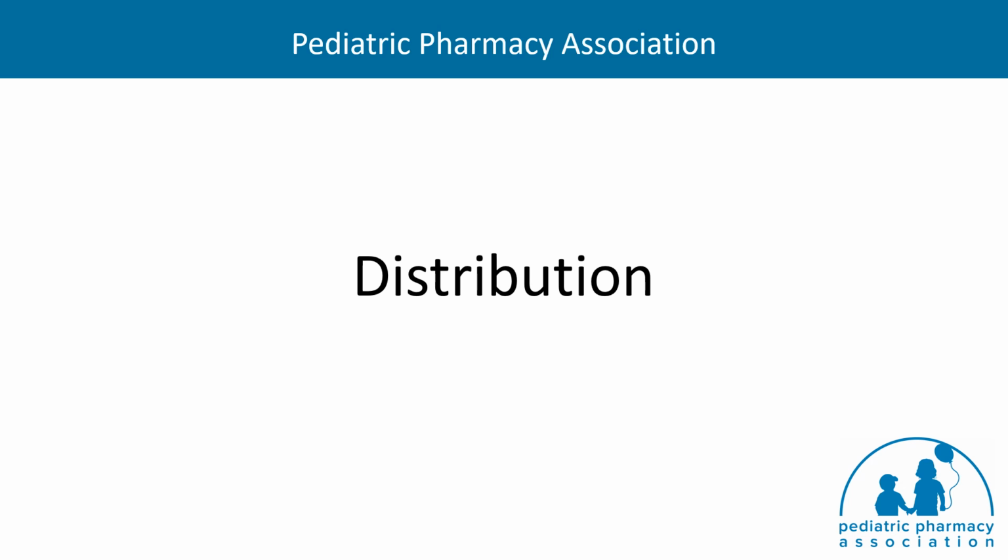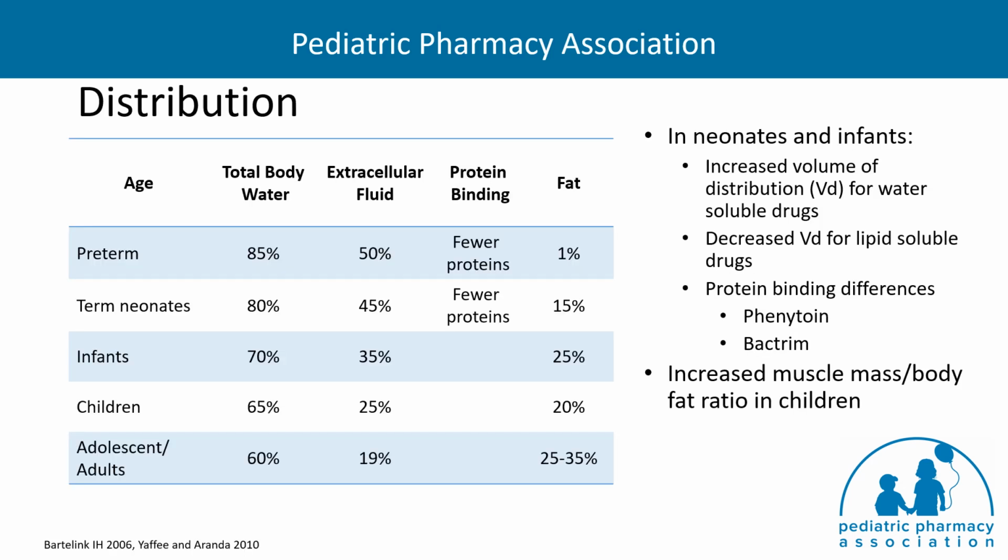Once the medication is absorbed, it is distributed throughout the body based upon solubility, protein binding, and its lipophilicity. As age increases, total body water decreases, resulting in a progressively smaller volume of distribution.